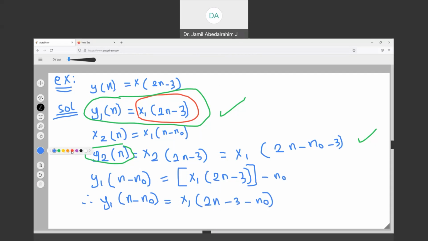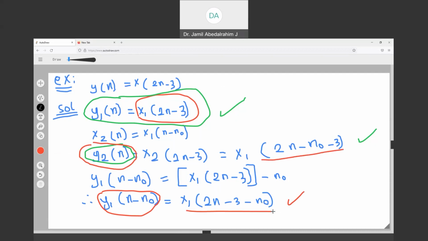Now, is this equation the same as this equation? Yes, it's the same. So the system is time invariant.